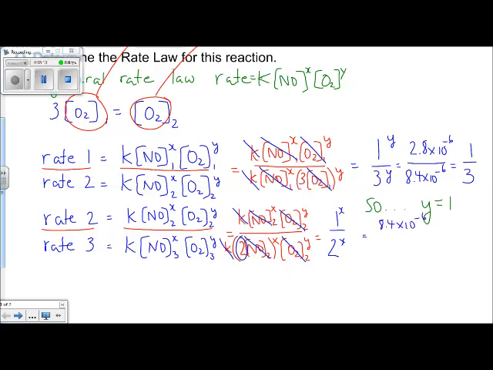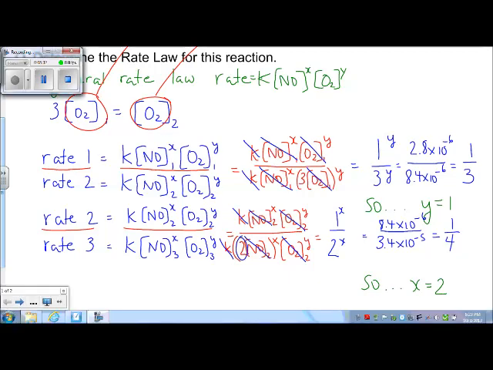And once we calculate that ratio of the rates, then we will have our ratio. We find that that is equal to 1 over 4, and therefore X must be equal to 2.